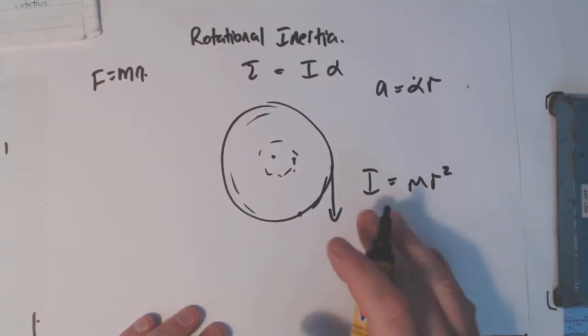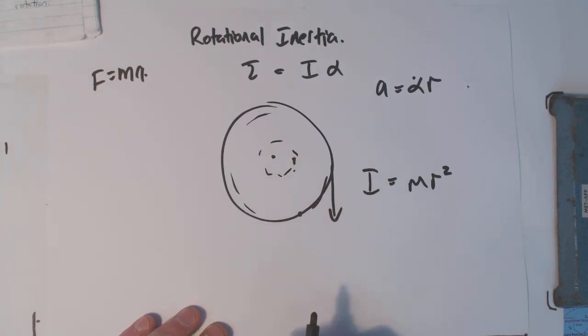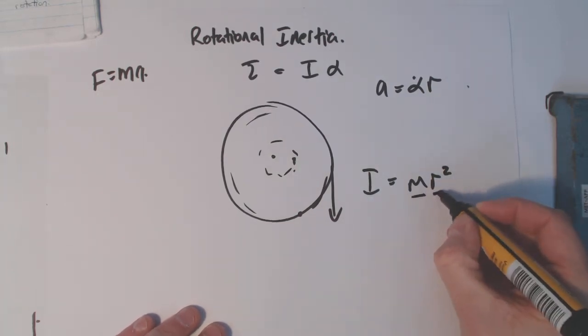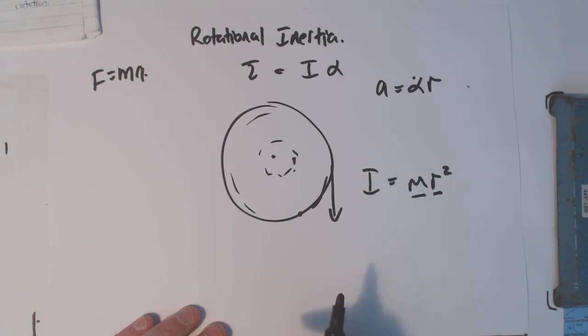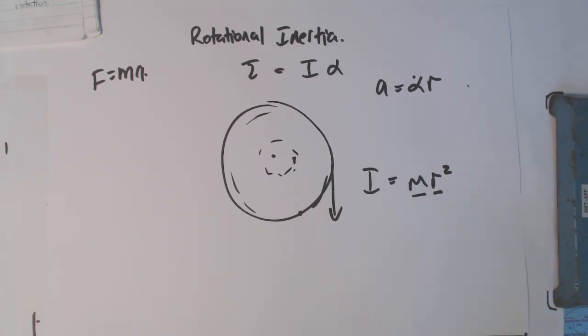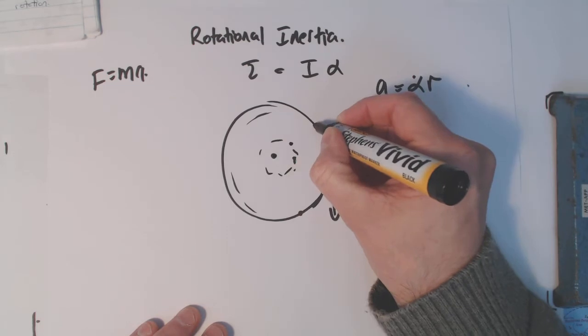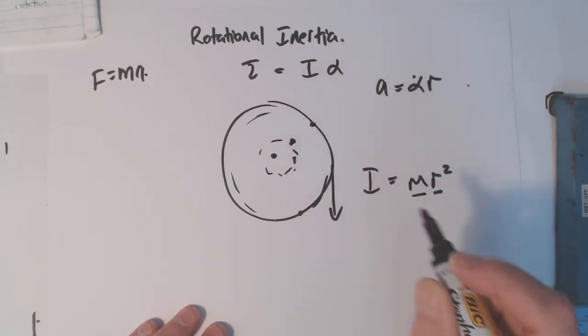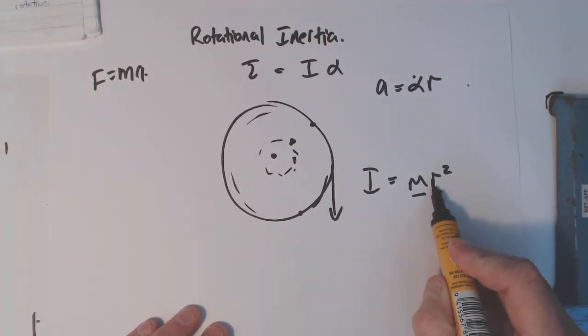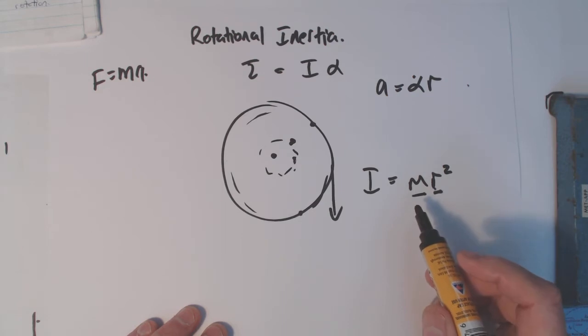That means that the amount of rotational inertia something has is not just dependent on mass, it's dependent on its radius, and its radius squared. So the inertia really builds up. It's like the mass increases because you're further away from the center of rotation. So if you double the distance, you get 4 times the rotational inertia.